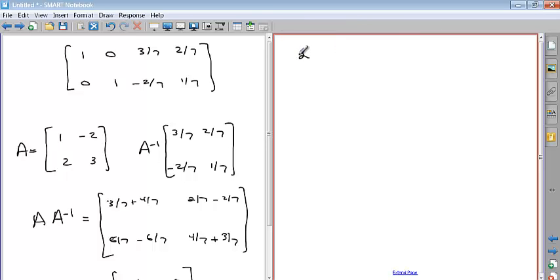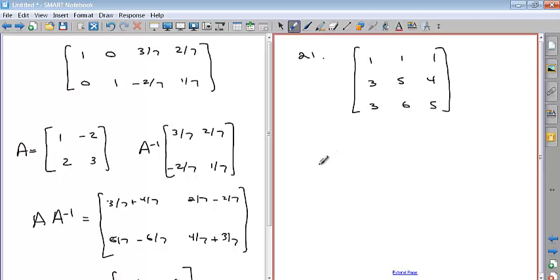Okay, 21. So this is a 3 by 3 matrix: 1, 1, 1, 3, 5, 4, 3, 6, 5. So that's the original matrix.